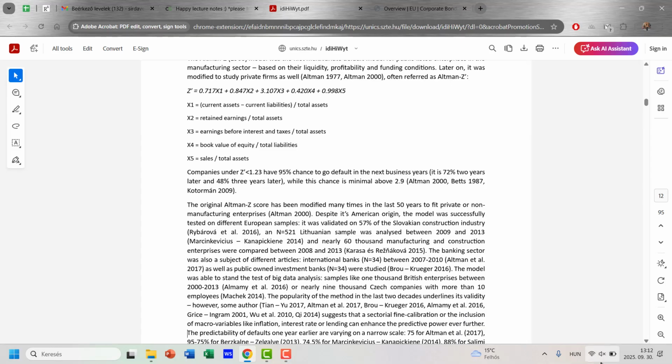So it's not so sophisticated. It only has something about leverage, but that's all. And this is a problem for private companies, because for a private company, book value of equity is completely meaningless if you are comparing it to liabilities. If you are listed publicly, at least it tells something, but for private companies, it's quite useless.